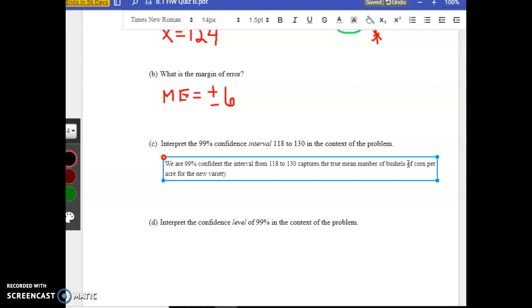For the new variety. And then versus the confidence level.